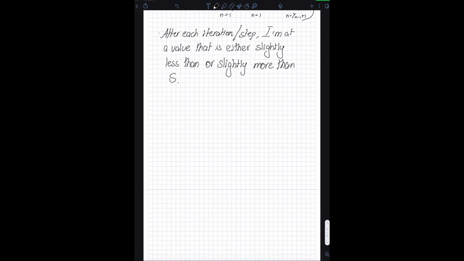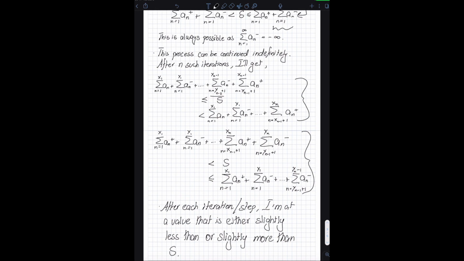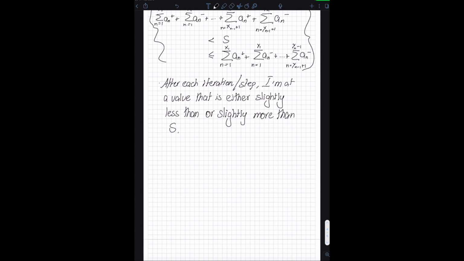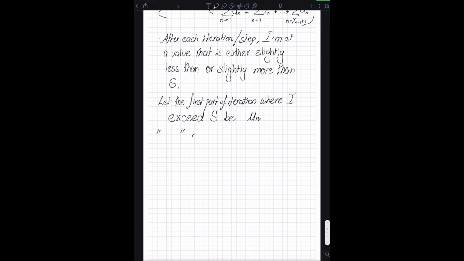Okay, now what I'm going to do is say, in general, let the first part of the iteration, where I exceed s, be u of n, and let the second part of the iteration, where I am below s, be v of n.